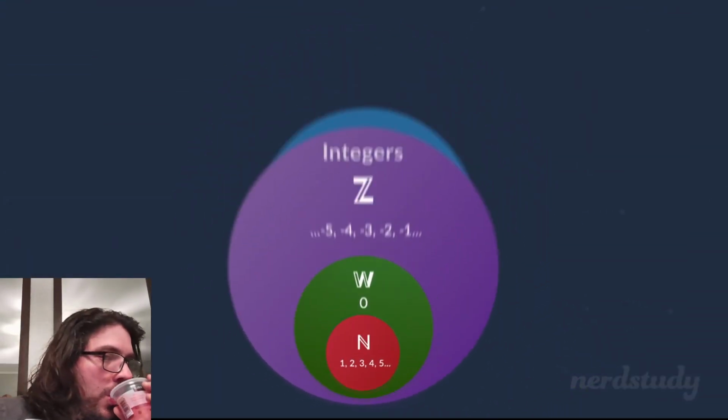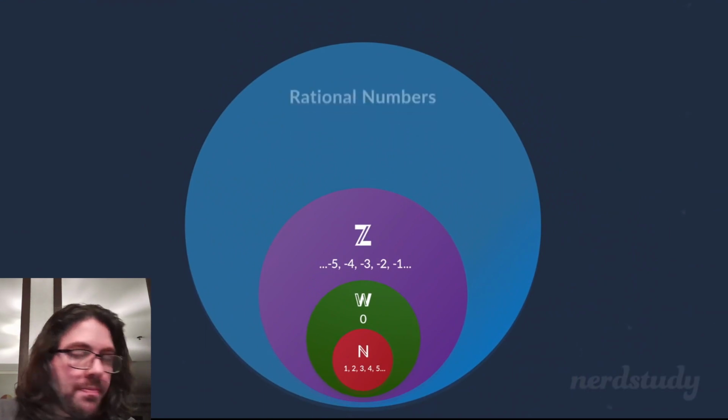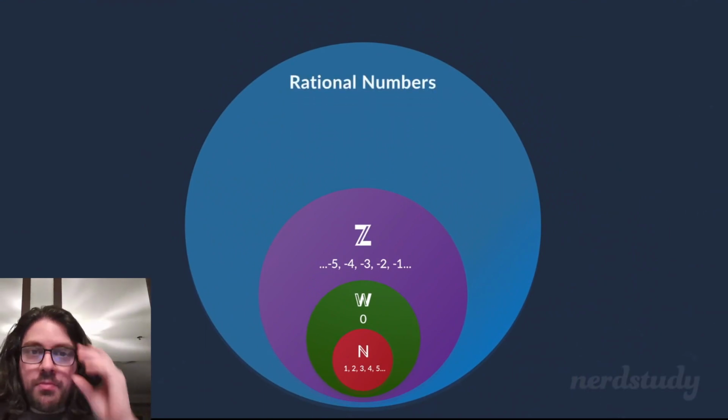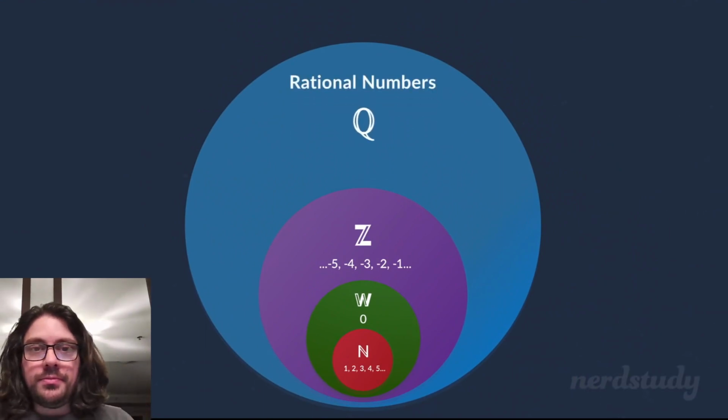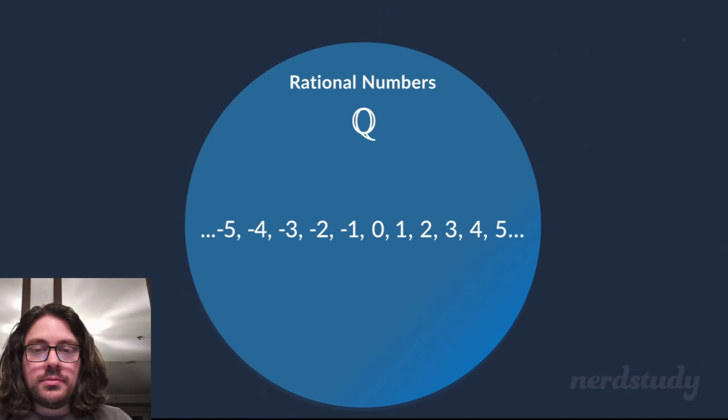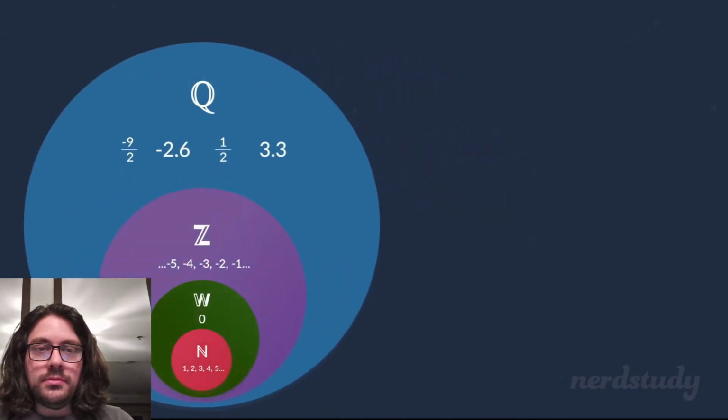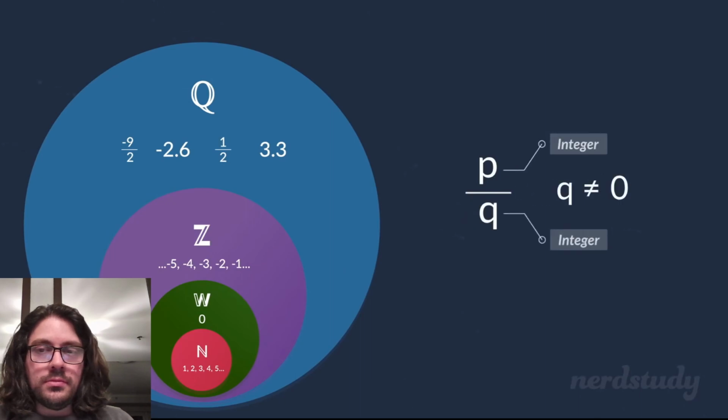The next classification of numbers are called rational numbers, which can be denoted using this symbol. And again, rational numbers encompass all of the other classification that we've mentioned so far, as well as decimals and fractions. However, the decimal numbers must be numbers that can be expressed as a fraction, where p and q are integers, and q is not 0.